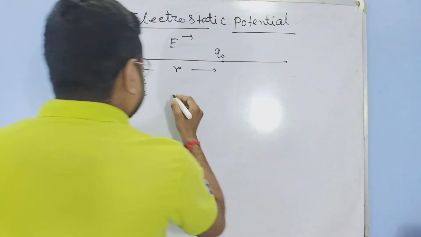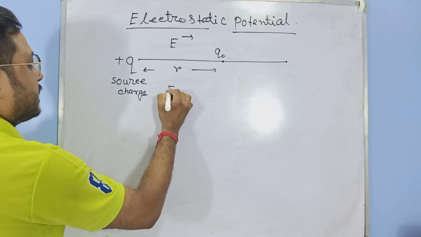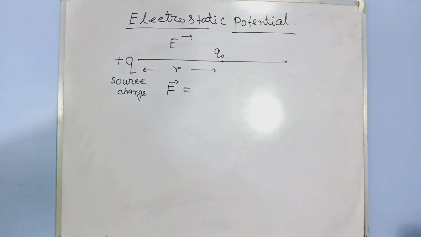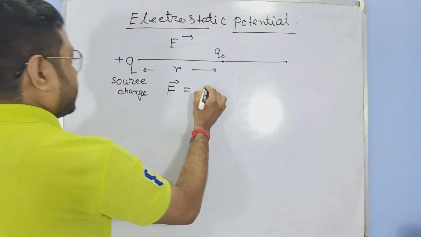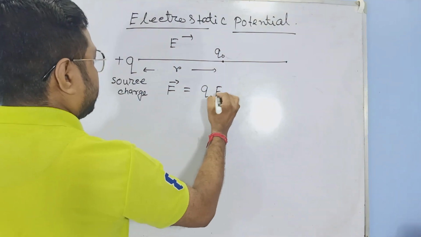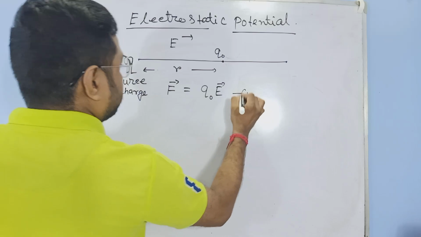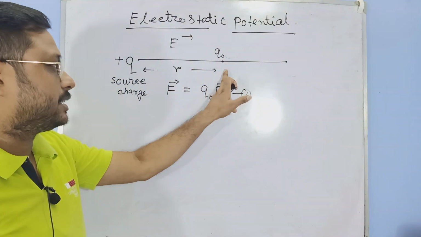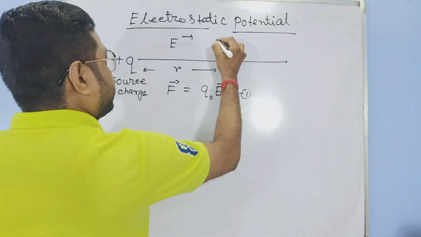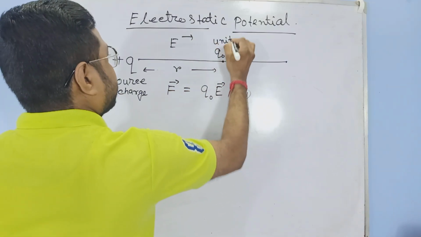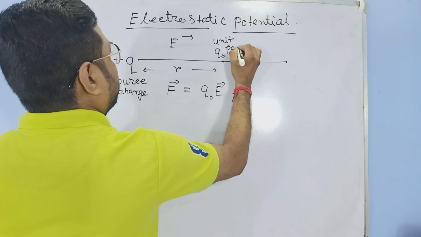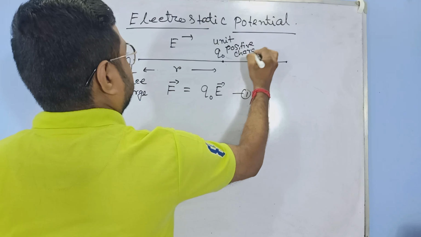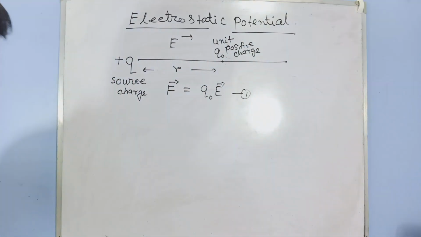Therefore, the force exerted on Q0 due to this source charge is Q0 into E. We know that the force is exerted on the test charge, which is always taken as a unit positive charge.